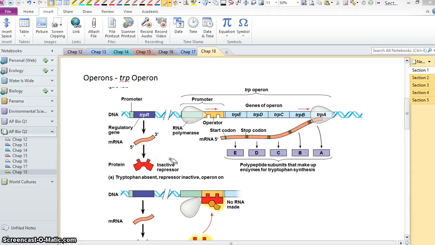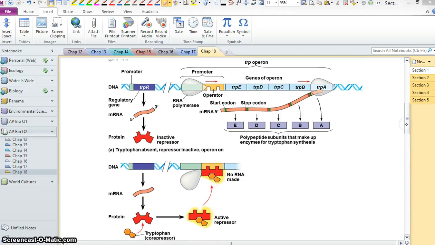In a repressible operon, the repressor is produced in the off state. It will not block the operon from being transcribed. But the tryptophan binds with the repressor, activates it, and it binds to the operator and blocks the polymerase from doing its job. Thus, it represses the operon. It will not run.